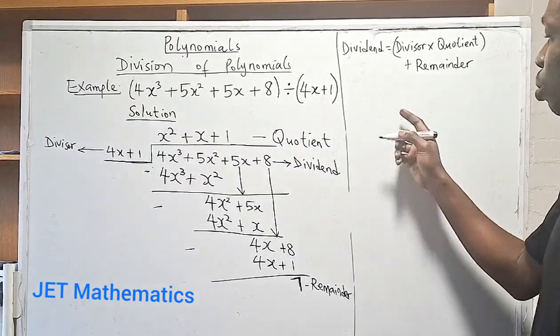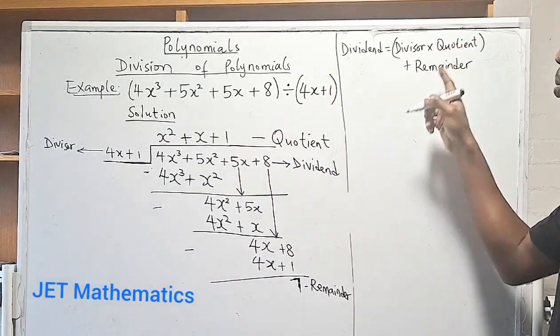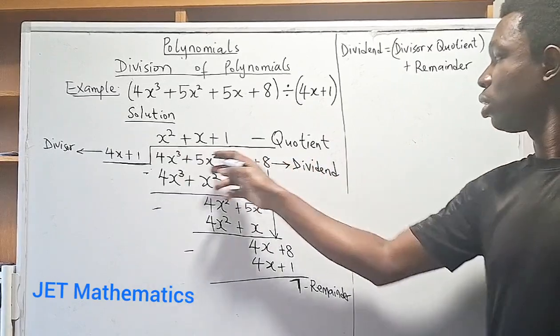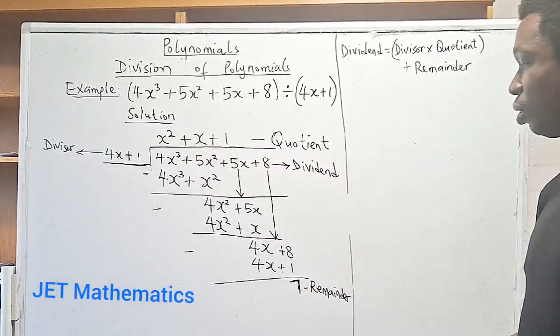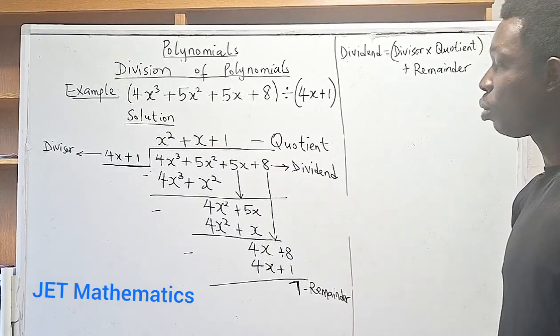So when you multiply the divisor times the quotient plus the remainder, you get the dividend. Alright, so this is where we'll stop in this very example.